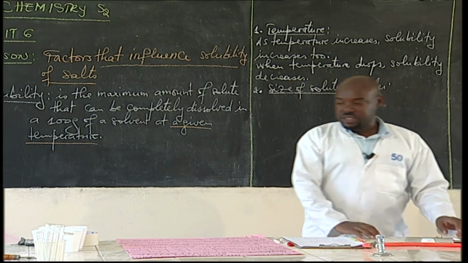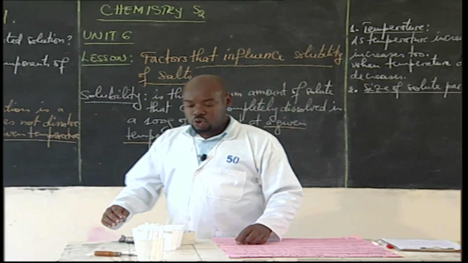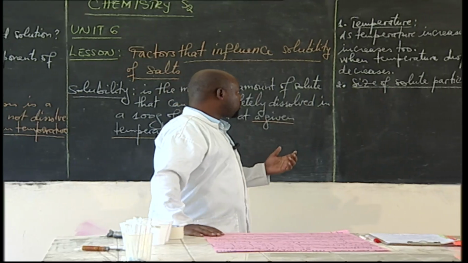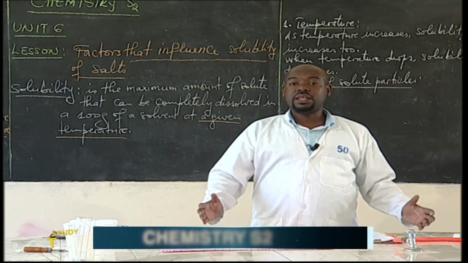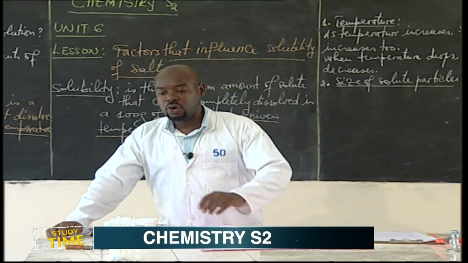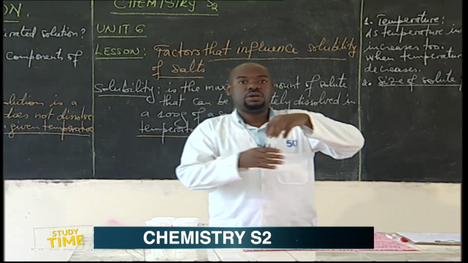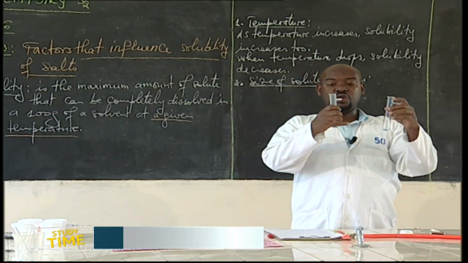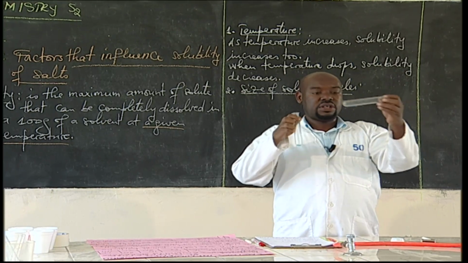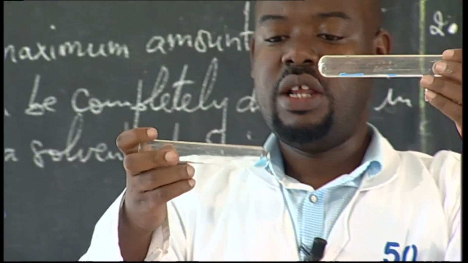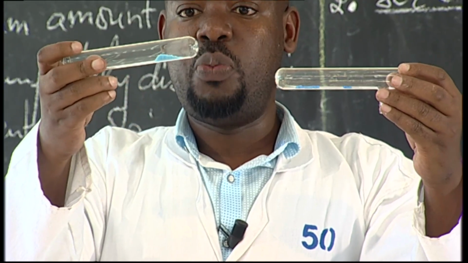Now, what happens when we use small solute particles or large solute particles? What happens? Let us have a look. We have two test tubes here, and the one contains large particles, while the other one contains small particles.